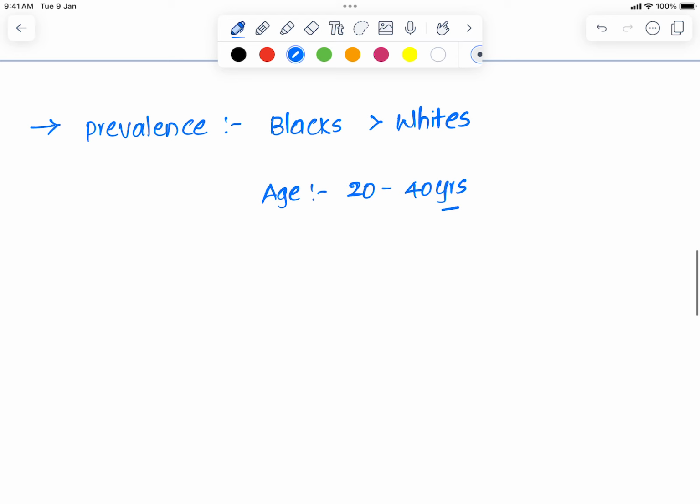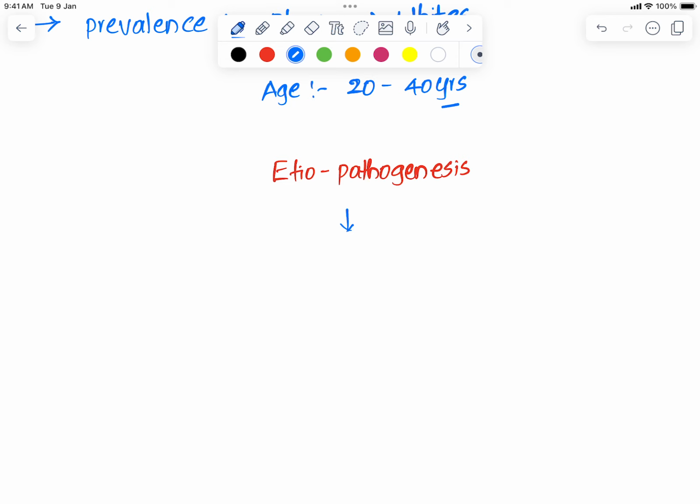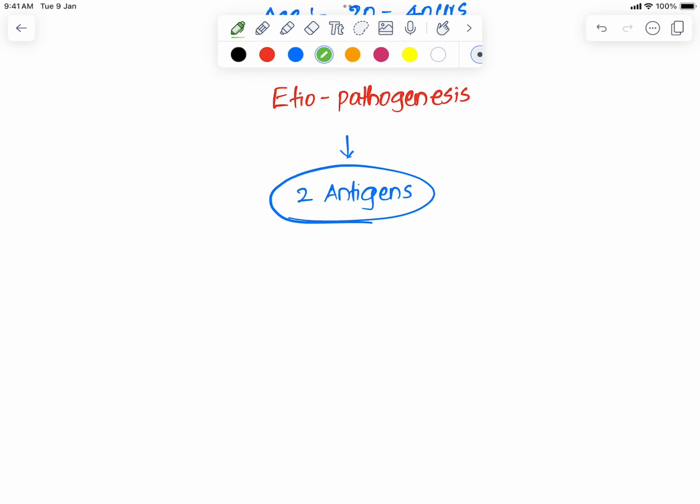Now, if you see the etiology of the development of sarcoidosis, or the etiopathogenesis, you need to understand that it is caused by two antigens. And what will be the two antigens?